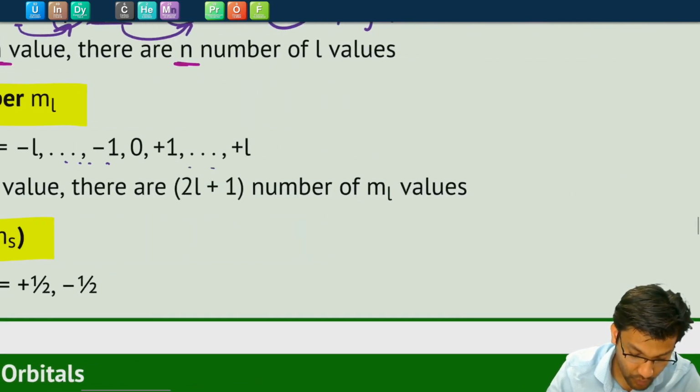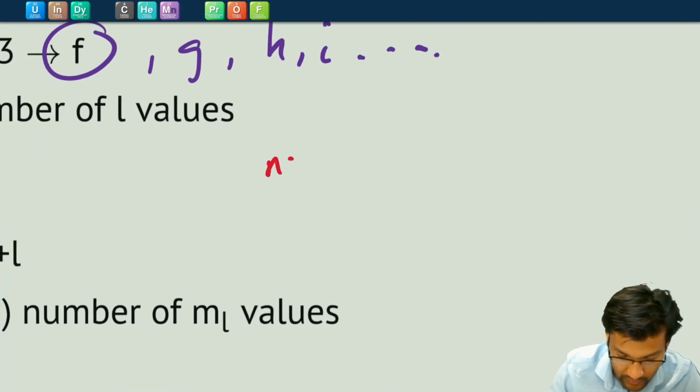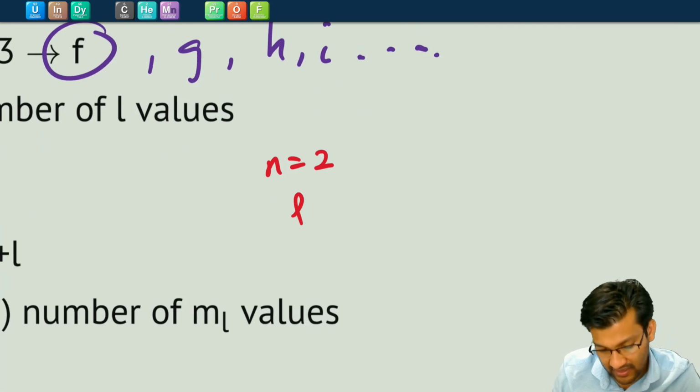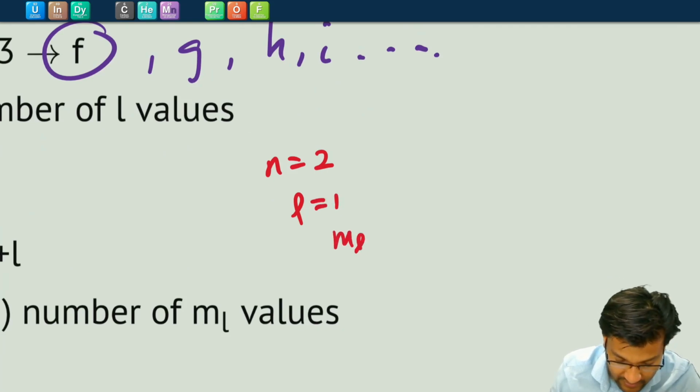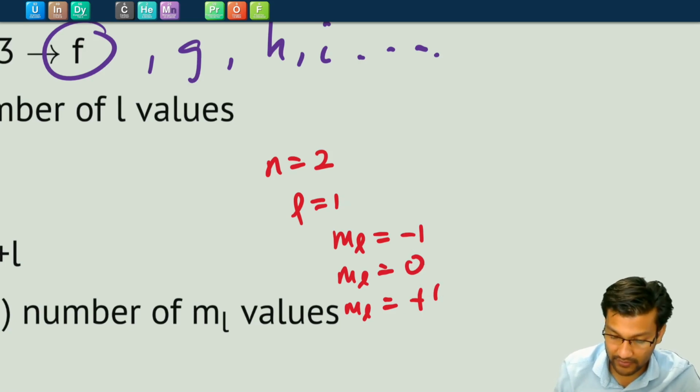Well, let's say you have an electron wave with n equals 2, which means L could be 0 or 1. Let's pick L equals 1. The ML value could be either -1, 0, or +1, anywhere from -L to +L. Those are different ML values.